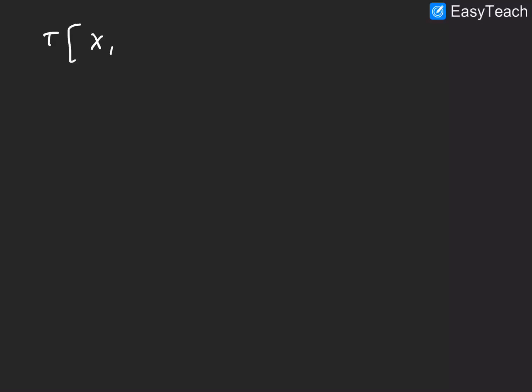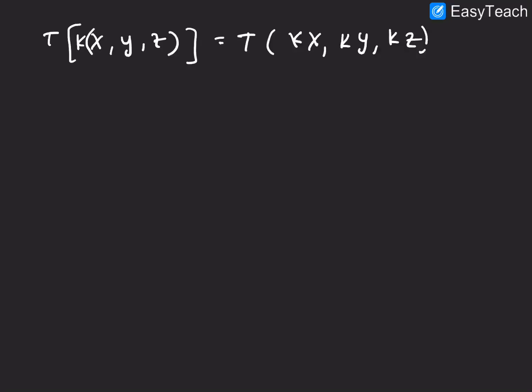So if I have this, oh, wrong one. If I multiply that k in there, that's going to apply that to every single term. And then I'll get kx plus ky, ky plus kz, and then kx.